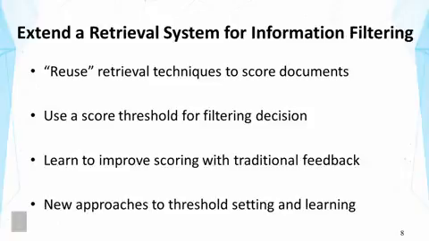And here we can use the traditional feedback techniques to learn to improve scoring. And we know retrieval can be used for scoring improvement, right? But we have to develop new approaches to learn how to set the threshold. And we need to set it initially, and then we have to learn how to update the threshold over time.